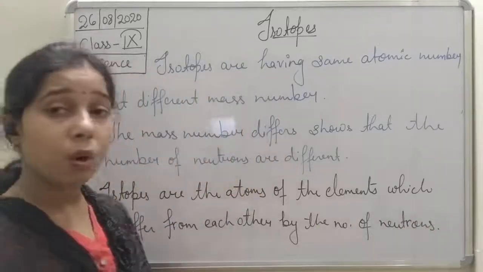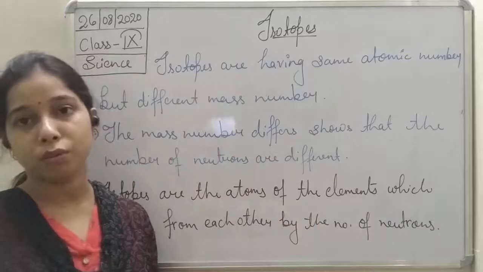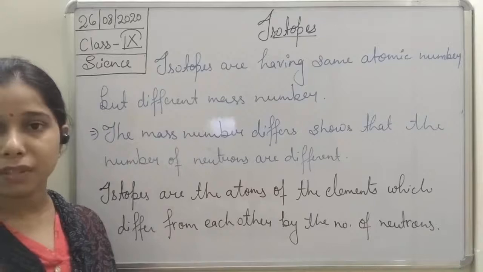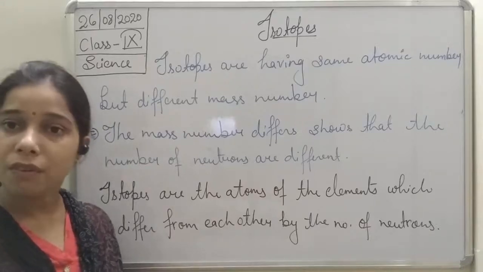Okay, so it is because of the number of neutrons, students, that the isotopes vary. You know that the atomic number is same, mass number differs, so it is because of the number of neutrons.